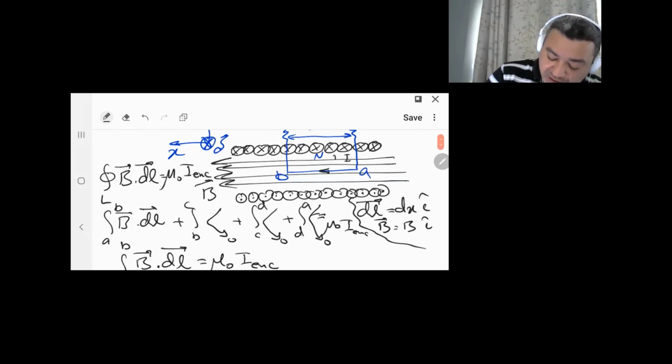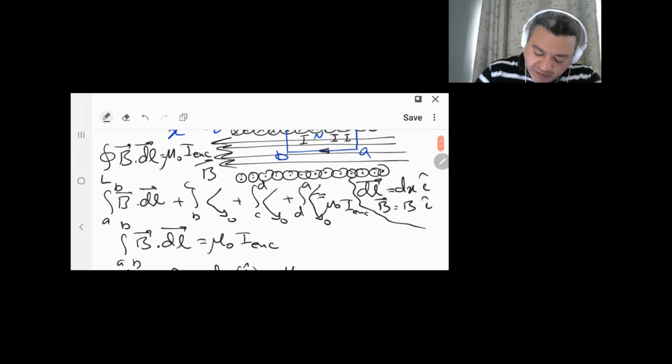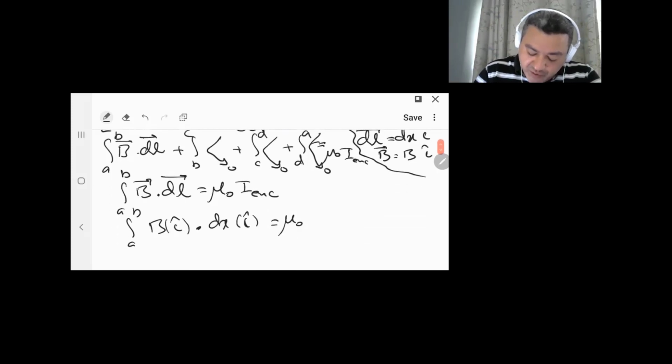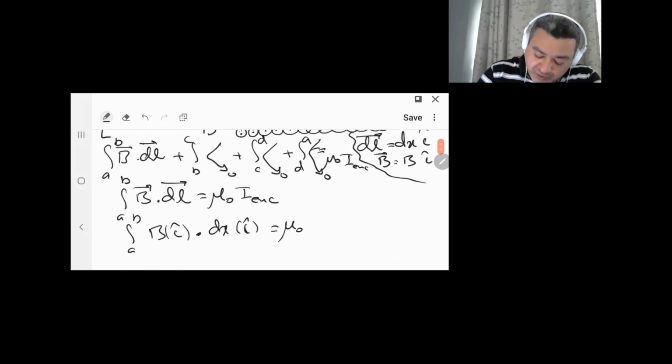This one is I, this one is I, this one is I, and so on. So we have N currents captured by this loop. Now notice that the direction into the page is positive z, so the current here is positive. So the I enclosed would be N I.